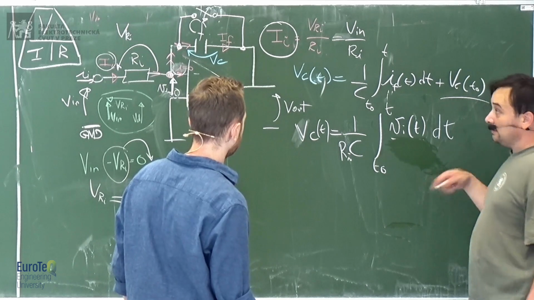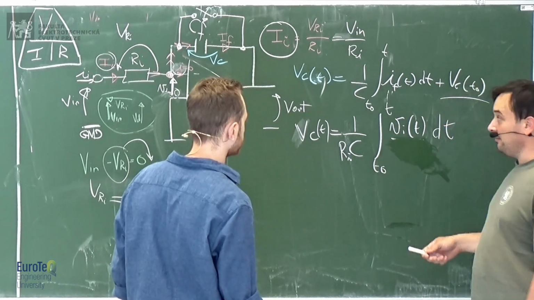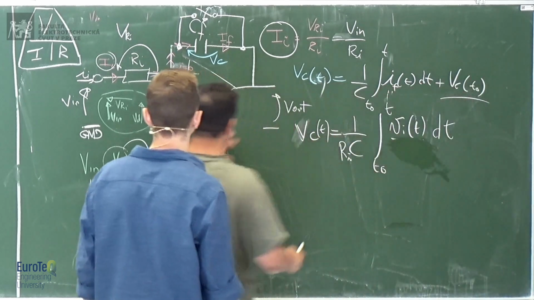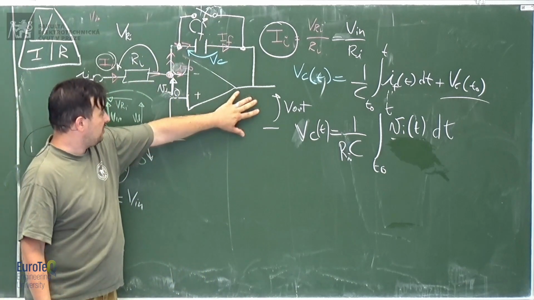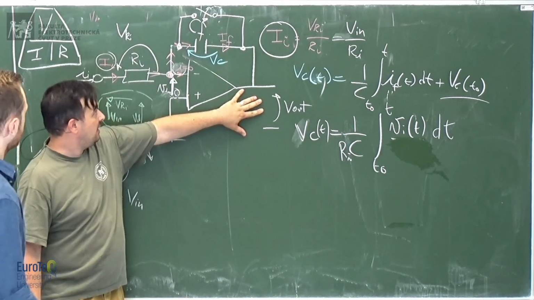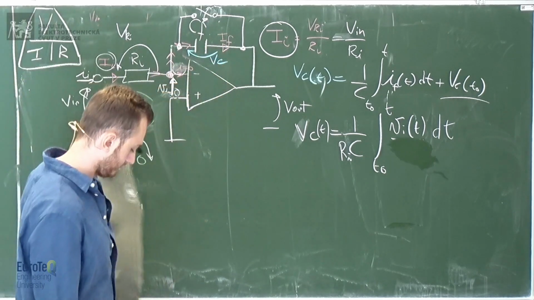Now, the trick is the same as we saw before for the inverting amplifier. This output voltage here is negative VC.